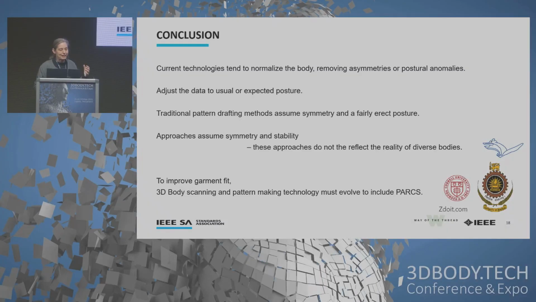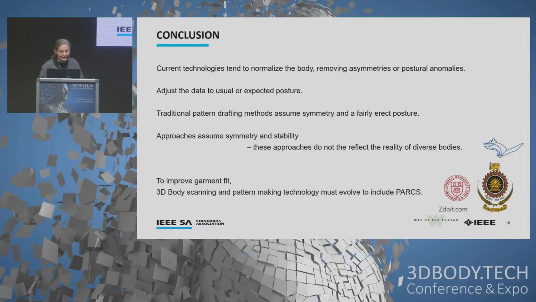So current technologies tend to normalize the body, removing asymmetries and postural anomalies. Please don't. Okay, that's a request. The traditional pattern drafting methods assume symmetry. Can we go beyond that and actually say, how do you address that?